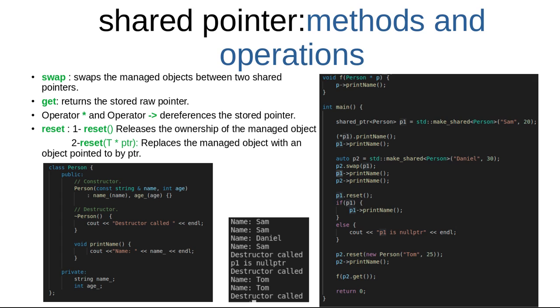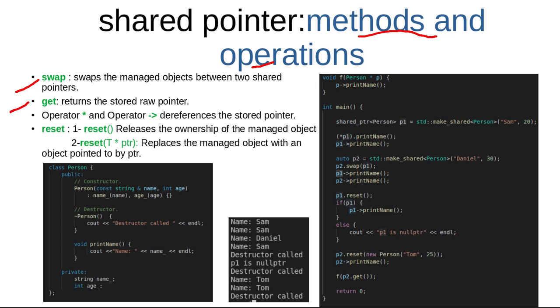Shared pointer methods and operations. The first method is swap. If we have two shared pointers that point to two different objects, using the method swap will make every pointer point to the other pointer's object.